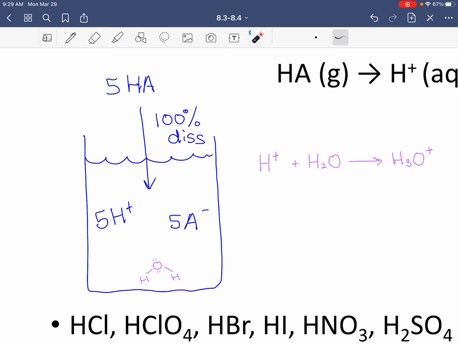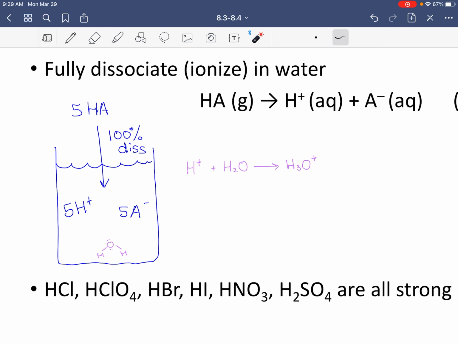Well, let's not talk about equilibrium yet because we're looking at strong acids. So what are some examples of strong acids and what do they do? I have 3 examples. Hydrochloric acid: when you put that in water, you get H3O plus and Cl minus.